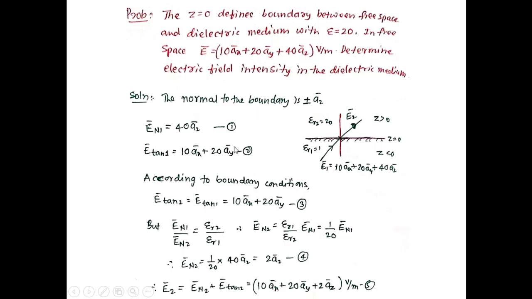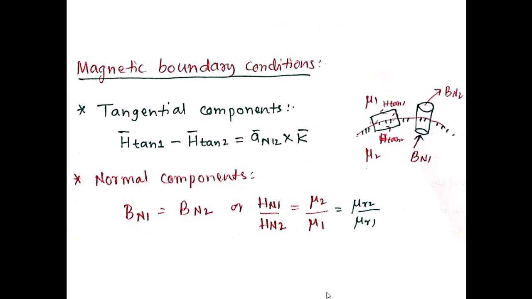Therefore, the total electric field in medium 2 is E2 bar, equal to the tangential component of 2 plus the normal component of 2. The tangential component is 10 ax bar plus 20 ay bar, and En2 bar is 2 az bar. So E2 bar is equal to 10 ax bar plus 20 ay bar plus 2 az bar volt per meter.